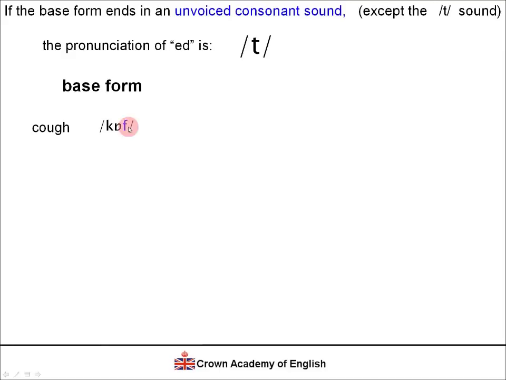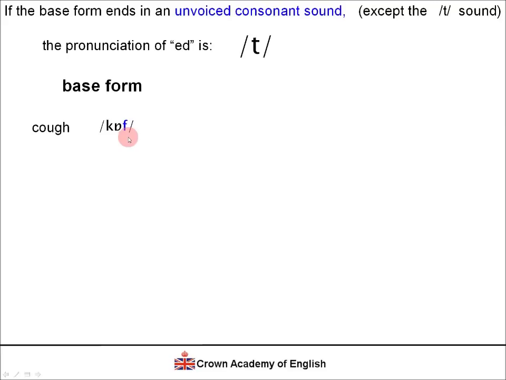And a good example is the F sound. Okay, so this is pronounced cough, cough. So although the last letters are GH, the sound is F, cough.